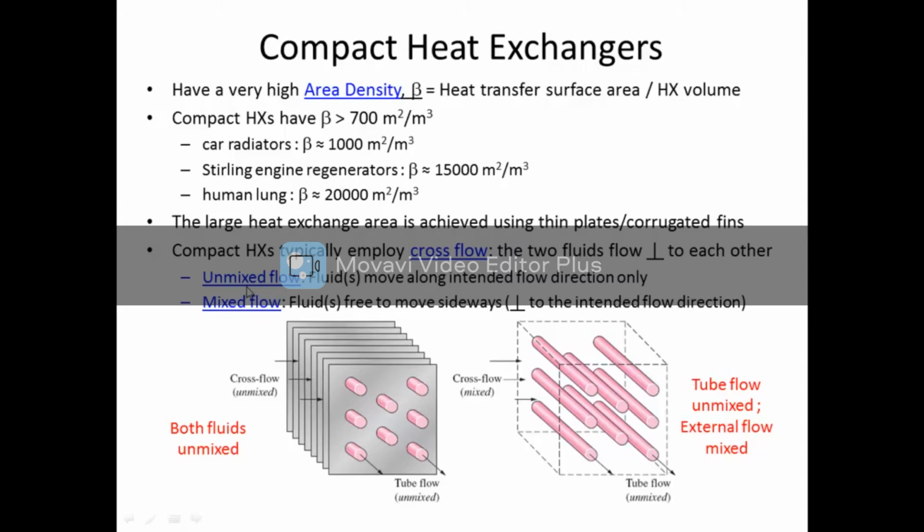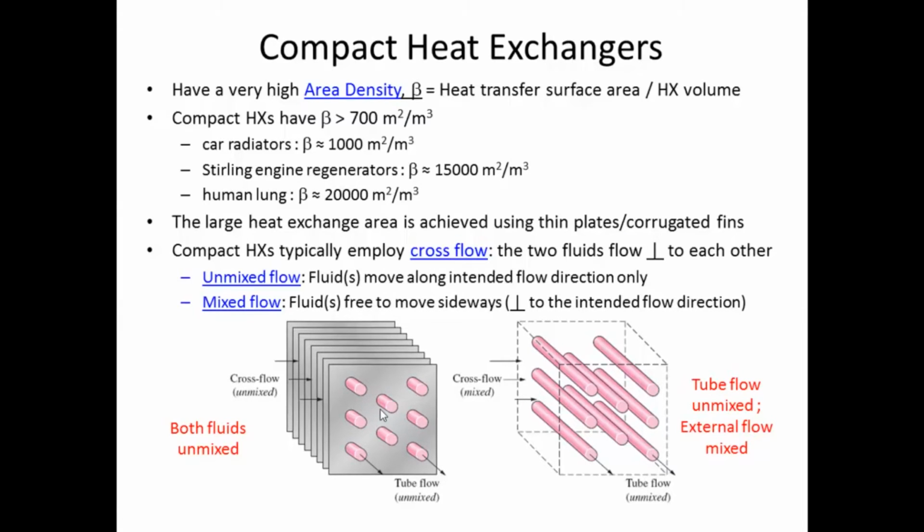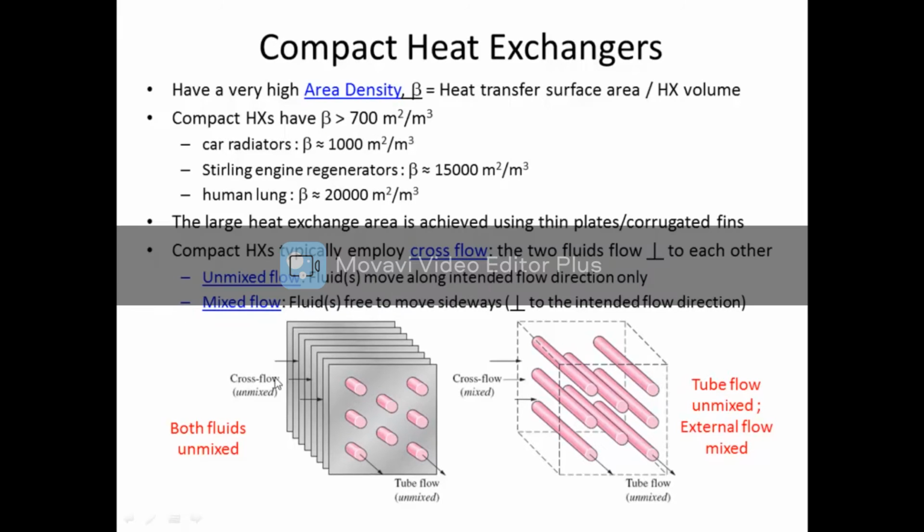In the case of unmixed flow, one or both the fluids will move only along the intended flow direction. This is of course true for the tube fluid, because the tube fluid will always flow along the tube. It does not have a freedom to move in any other direction, but the possibility of the deviation occurs for the external flow.